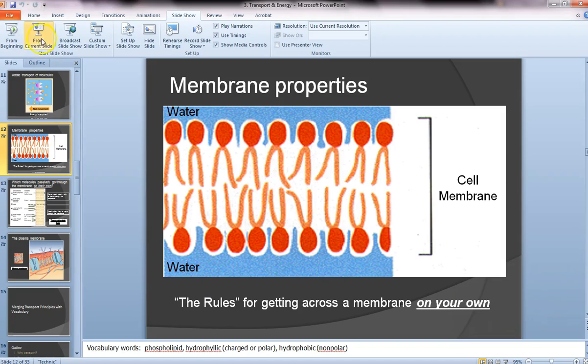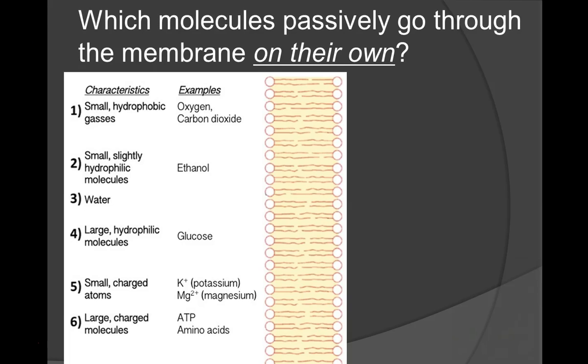Okay, so what I'd like to do is show you this picture, and I'd like for you to think about this for a minute and do this before I show you the answers. So it's small and hydrophobic, and you need to know these examples. These are examples that are up here for a reason because you will run into them often, so you must know these. Small and hydrophobic: can it get across on its own, meaning without a protein to help it? Think about it.